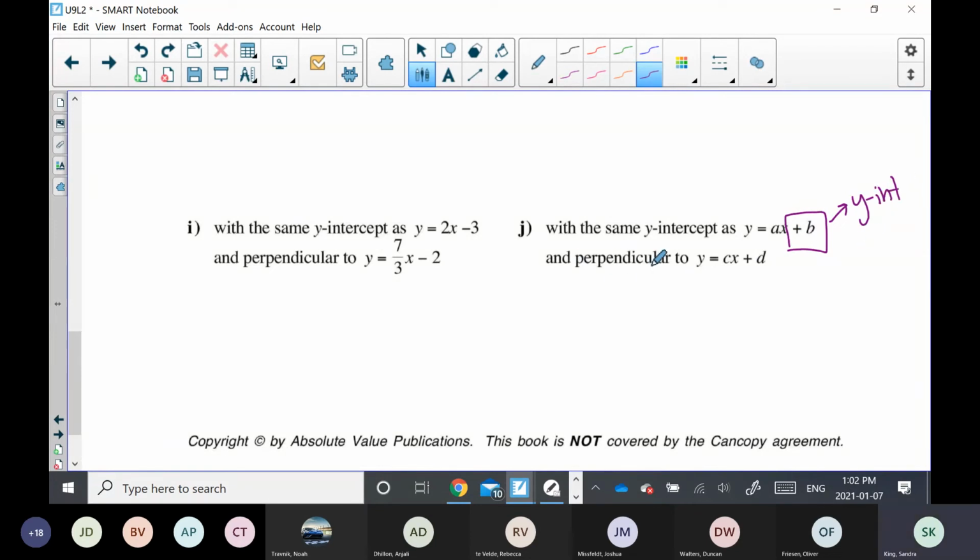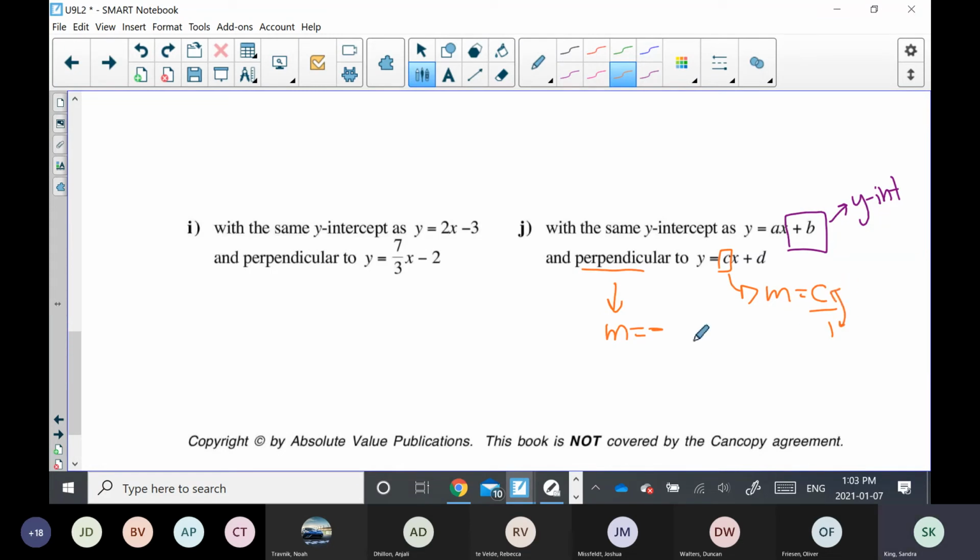And perpendicular to this. So perpendicular, remember, has to do with slope. So the slope of this guy is C over 1. If this is C over 1, what would perpendicular to C over 1 be? So if this is positive, this one must be negative.